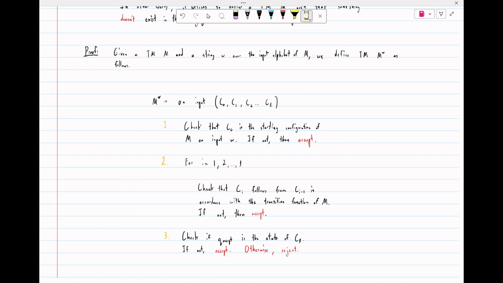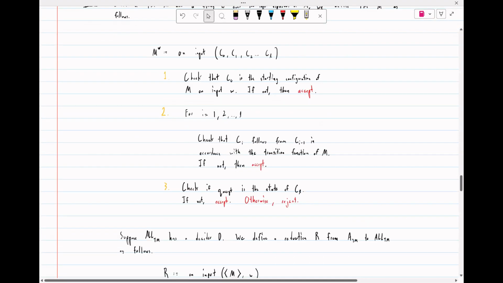So every incorrect encoding of a configuration or of a computation, or every rejecting computation, means that MW is going to accept on that string. So it'll only ever reject if this is a computation of M that accepts W.